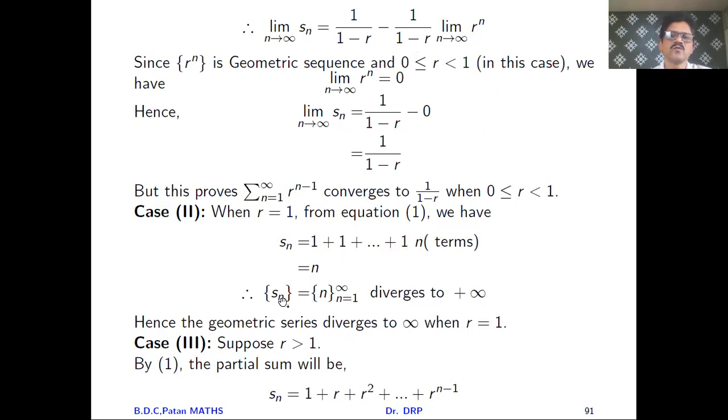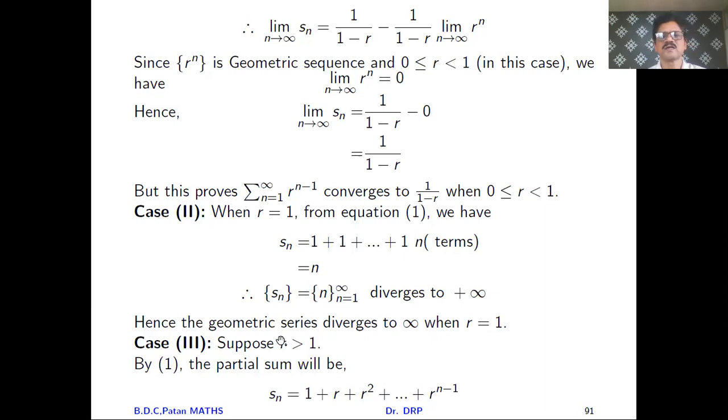And if we consider the limit of Sn as n tends to infinity, you will get plus infinity. Its meaning is our geometric series diverges to infinity when r equal to 1.